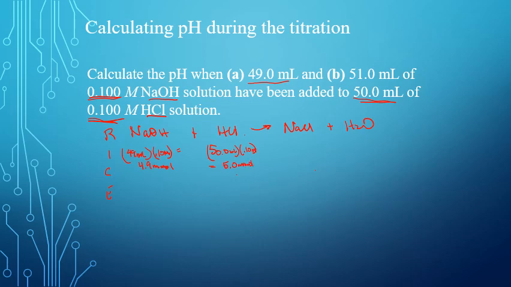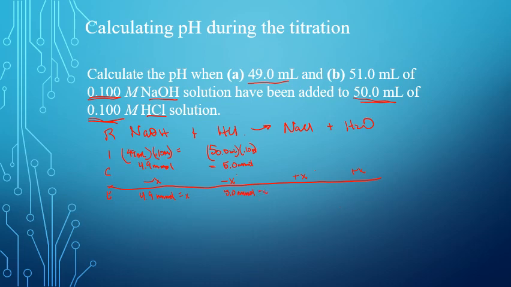So obviously here it's a 1 to 1 to 1 to 1 ratio, so minus x, plus x for those values. As I go, I would have 4.9 millimoles equaling x versus 5.0 millimoles equaling x.